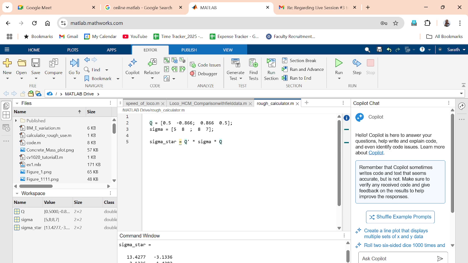Fine. Now, let me go back to this normal screen. I hope my normal screen is visible now.